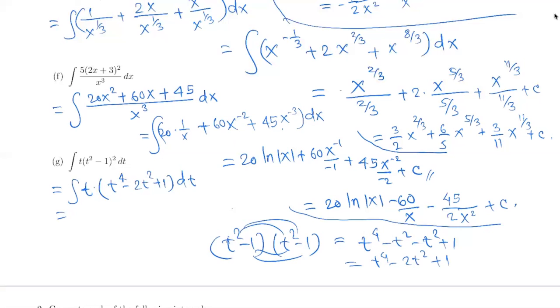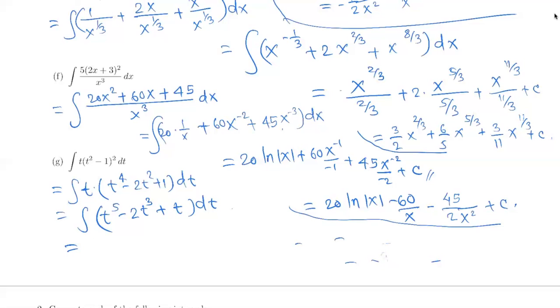If we had a number, we could have taken it outside. But here, distribute t: t to the 5 minus 2t cubed, multiply means add the exponents, 1 copy, t squared 3 copies, plus t times 1, just t. Now we can finish in the next line, using the power rule in each of these 3 terms.